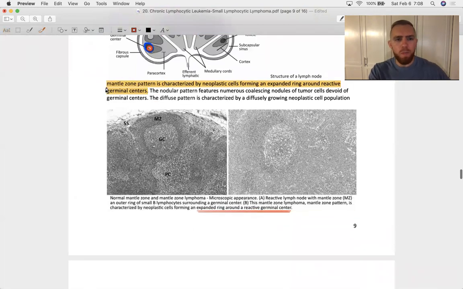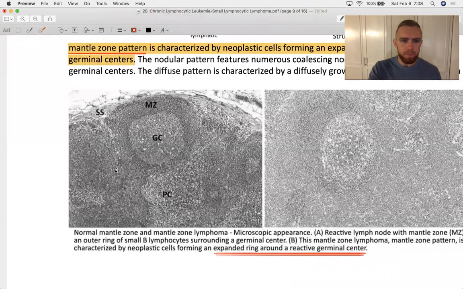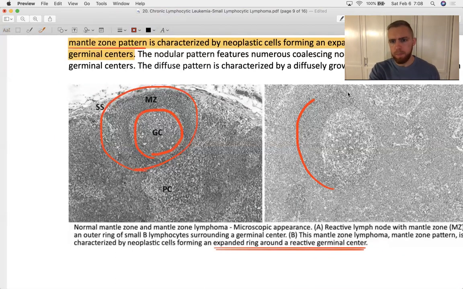The mantle zone pattern of this lymphoma on histology is characterized by neoplastic cells forming a ring around reactive germinal centers. Two pretty good images here.